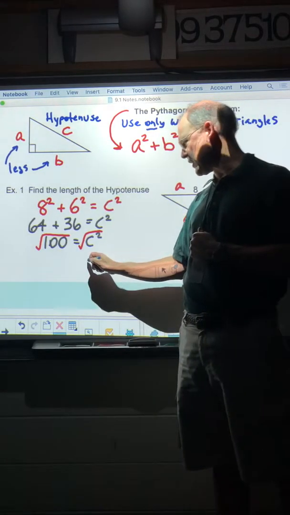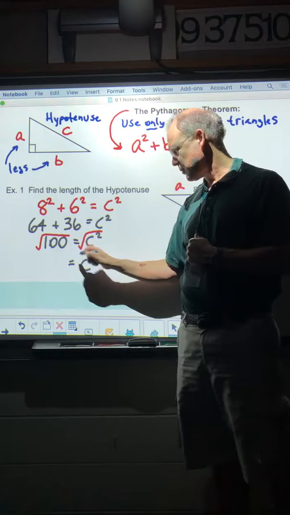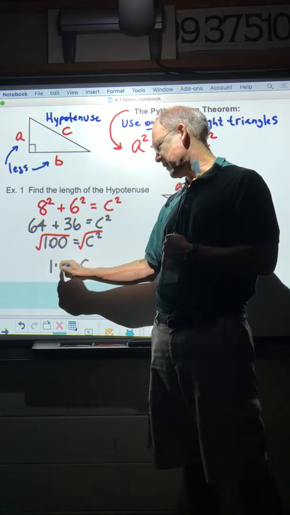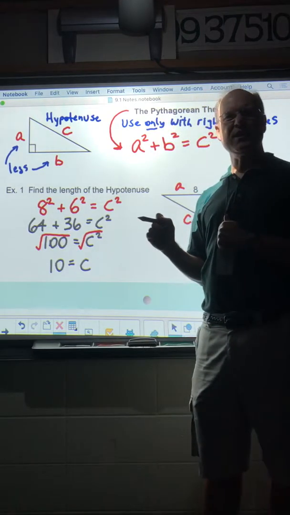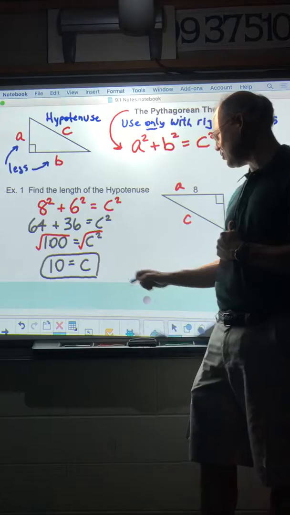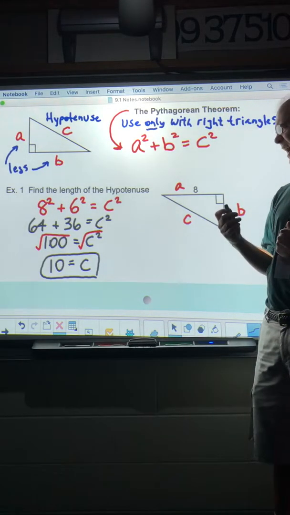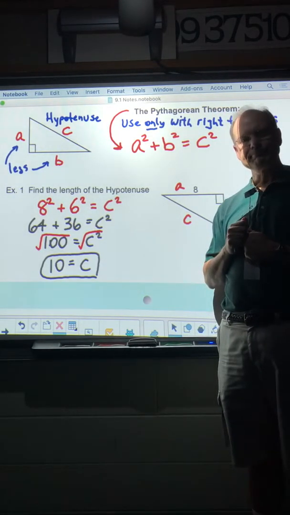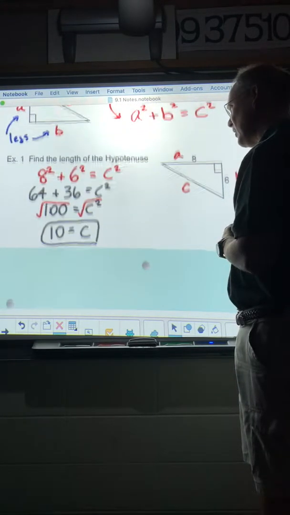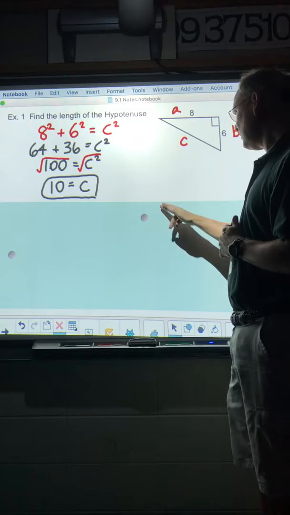And what times what equals 100? Hope someone got 10. 10 times 10 is 100, right? Okay, so the hypotenuse of that right triangle is 10. Okay? So I hope that makes sense.